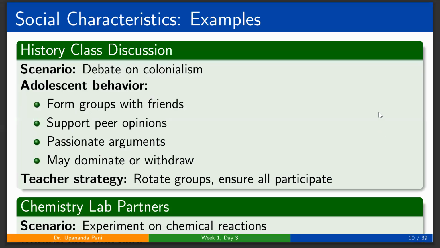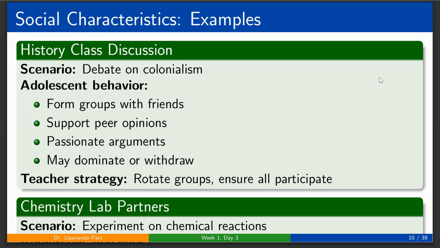Now, some of social characteristics, let's see some of the examples. Suppose, for example, in a history class, scenario is, let's say that there is a debate on colonialism. So, how adolescent behavior, you can say, analyze through the social characteristics. So, basically, you can form groups with friends, they support peer opinions, passionate arguments.